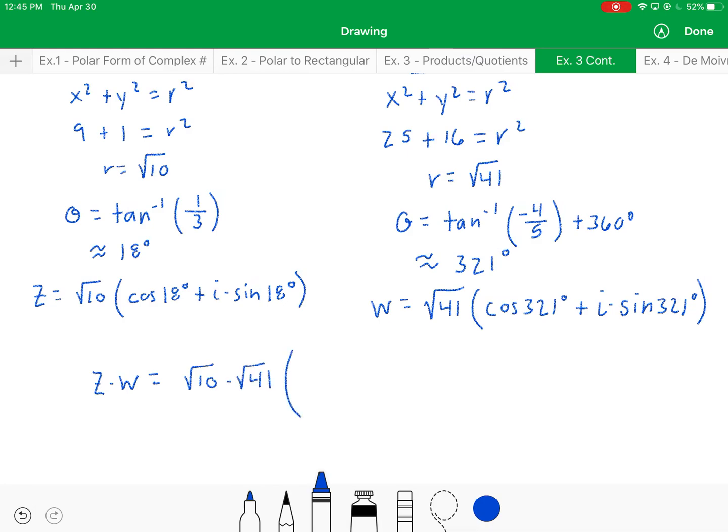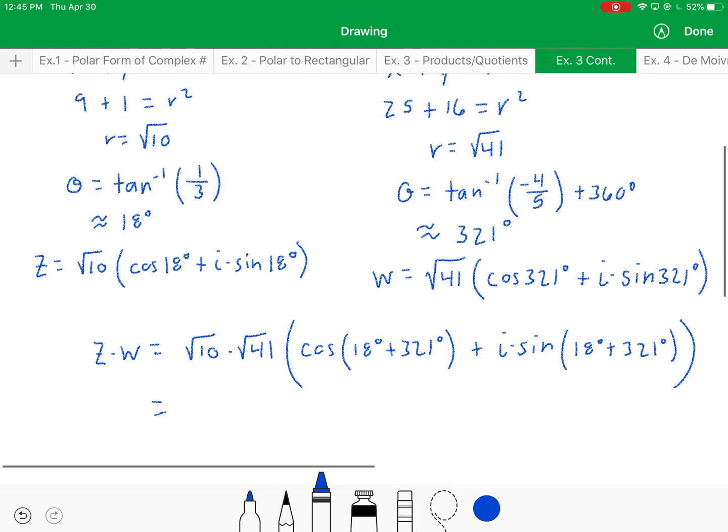And then that is going to have to multiply the quantity of cosine of 18 degrees plus 321 degrees added with I times the sine of 18 degrees plus 321 degrees.